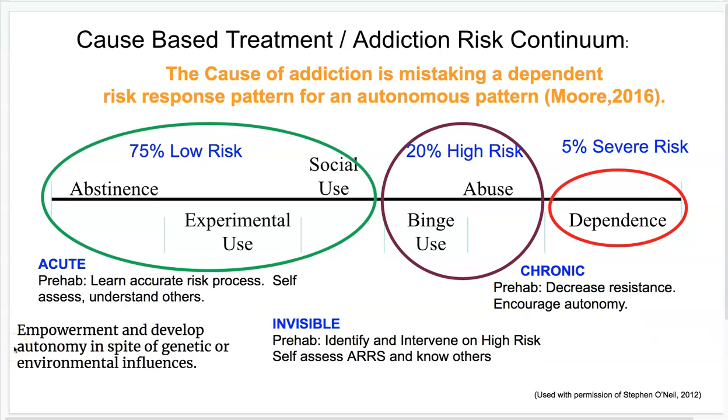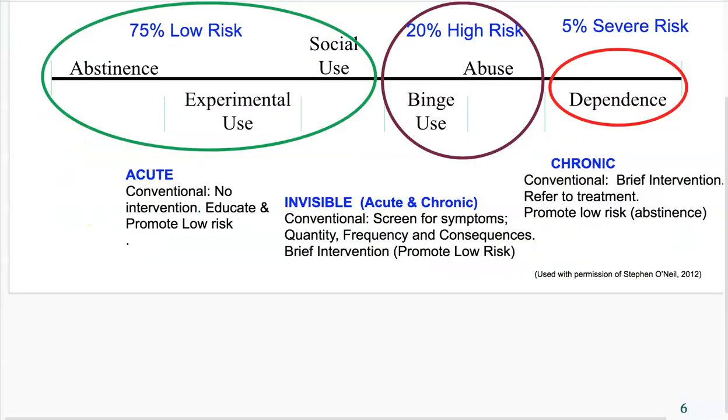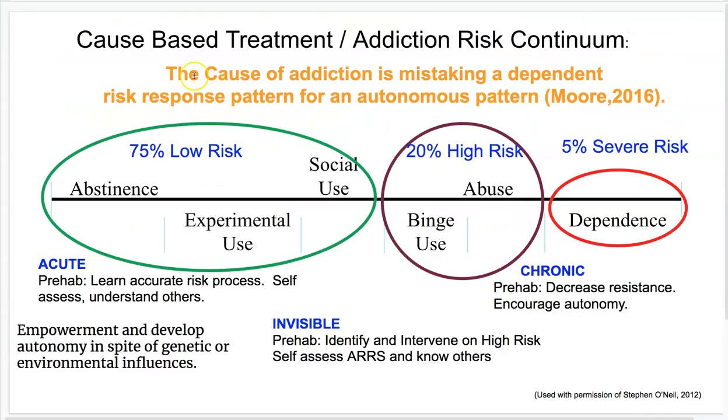This is cause-based treatment. What I found out in my research with prehab is the cause of addiction is mistaking a dependent risk-response pattern for an autonomous pattern. This is the difference that I found between most students in the population I was studying and the students that had severe symptoms or recovering or recovered from severe symptoms.